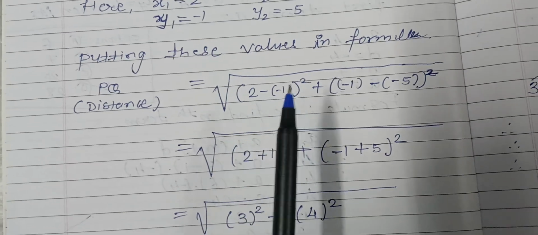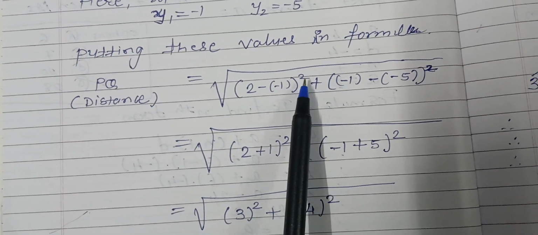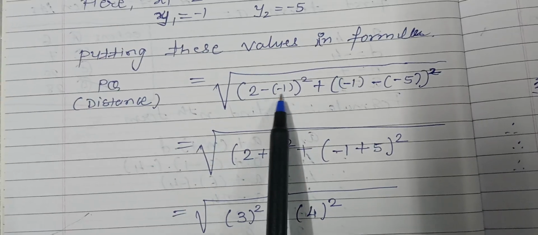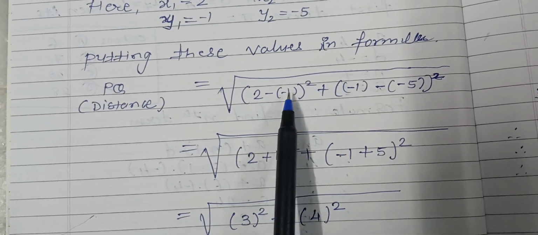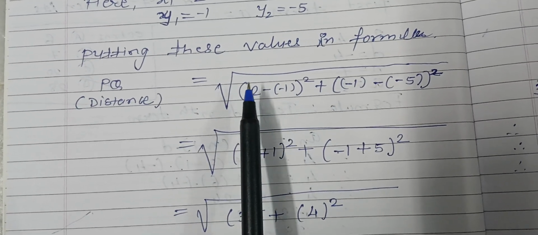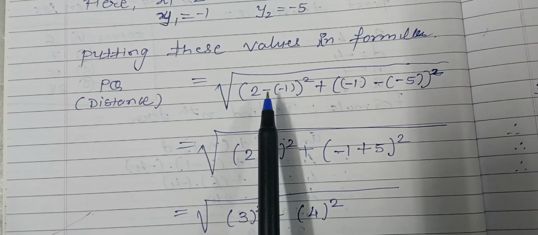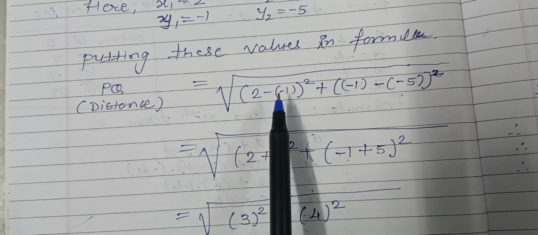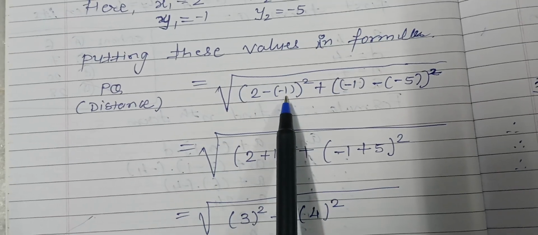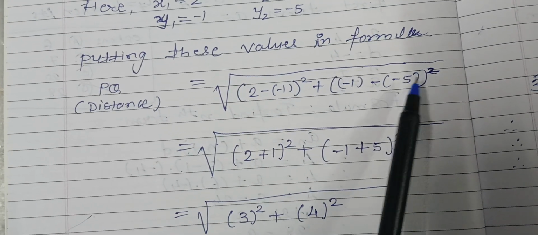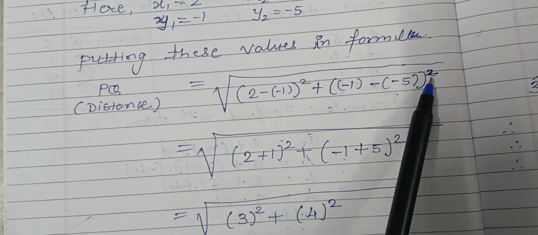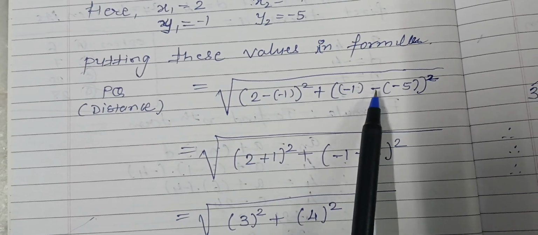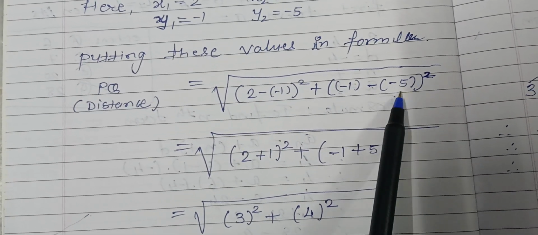And before doing the square which is outside, first you need to resolve the calculation between the numbers inside the bracket. You cannot directly square this minus 1 or minus 5, because the square is applicable to the whole number. So the plus and minus sign matters here.